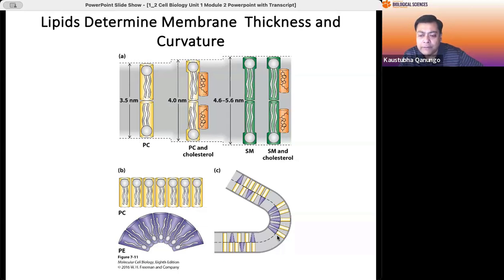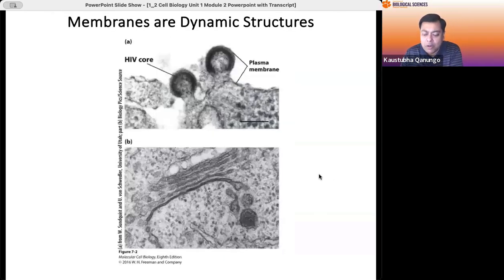The outer leaflet contains the cylinder-shaped phosphatidylcholine, whereas the inner leaflet contains the conical-shaped phosphatidylethanolamine, and that creates a bend in the membrane. These micro adjustments can be done by constantly moving the lipids in the membrane, and it's fascinating how this can be done.